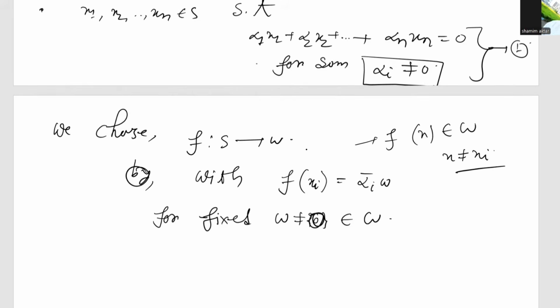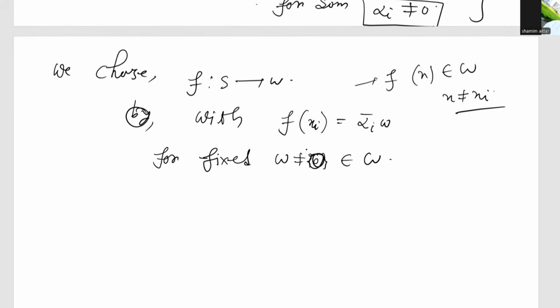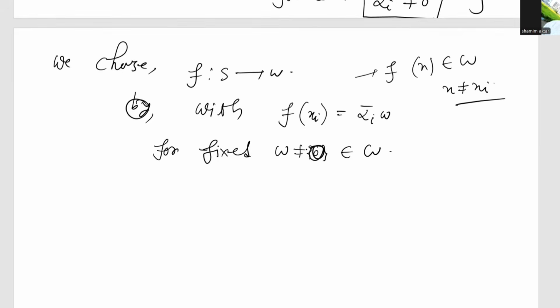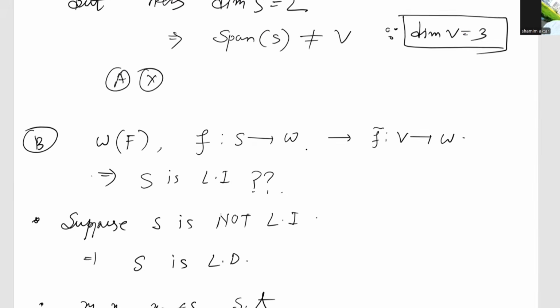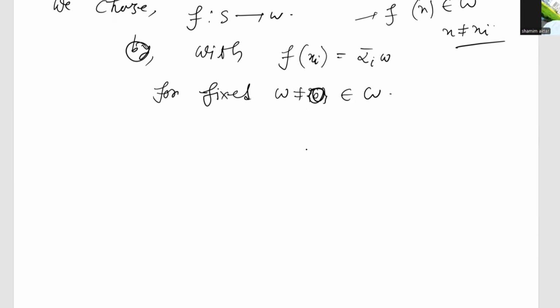This is a well defined map. Now statement number 1 says that this is extended to a linear map. So suppose f tilde is the extension of f.